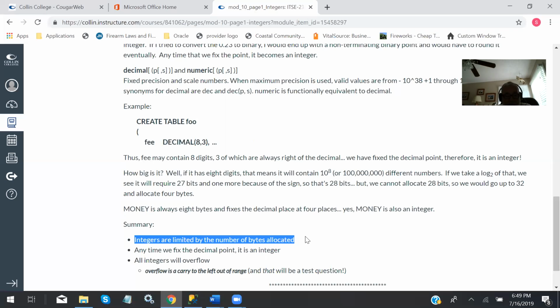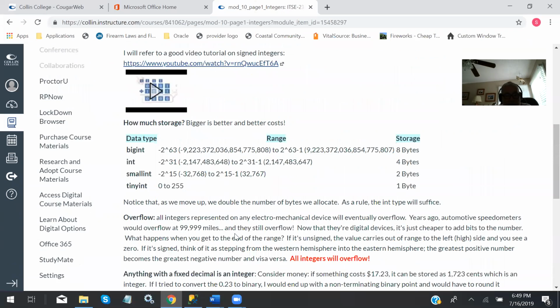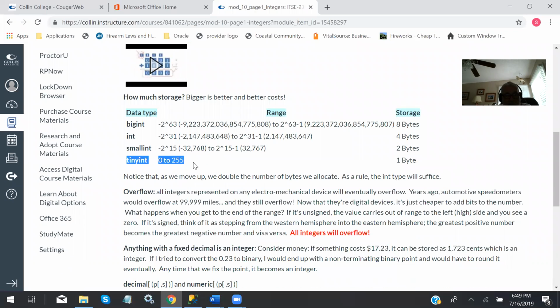If I want something that is either true or false, I allocate a tiny int. So I do not have a true or false value. I allocate tiny int, and if it's 0, it's false, and if it's not 0, it's true. It's typically the way I do that. And you do that in the logic of your program.